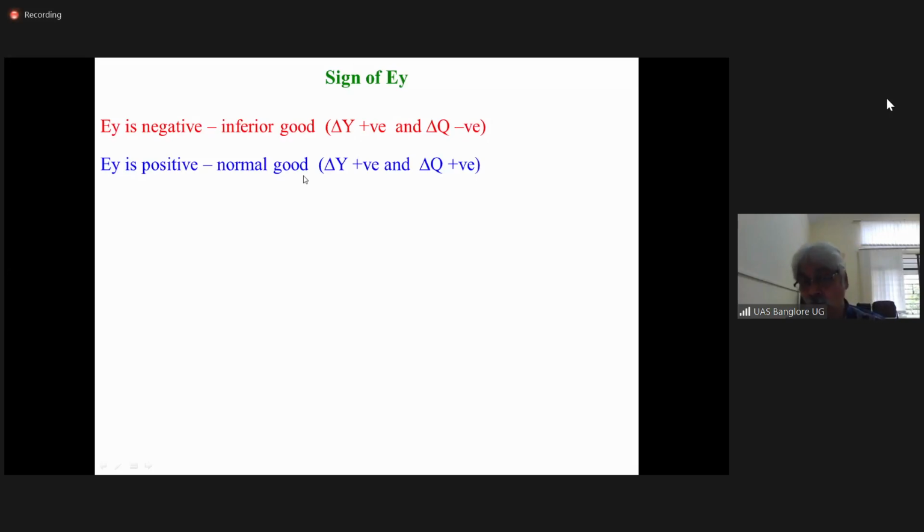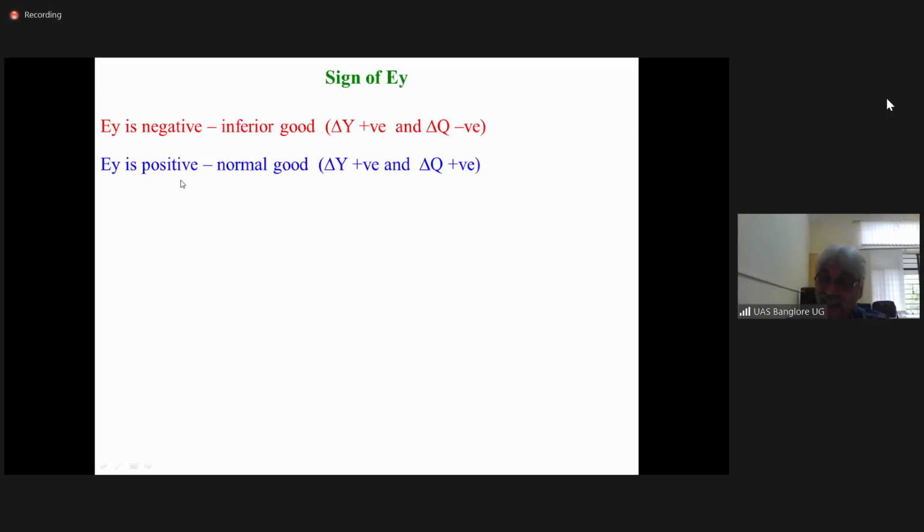When we say normal good, here positive can be 0 to 1 or more than 1. If it is 0.5, it is positive. If it is 0.75, then also it is positive. If it is 2, positive. If it is 10, positive. So anything 0 to infinity is positive.